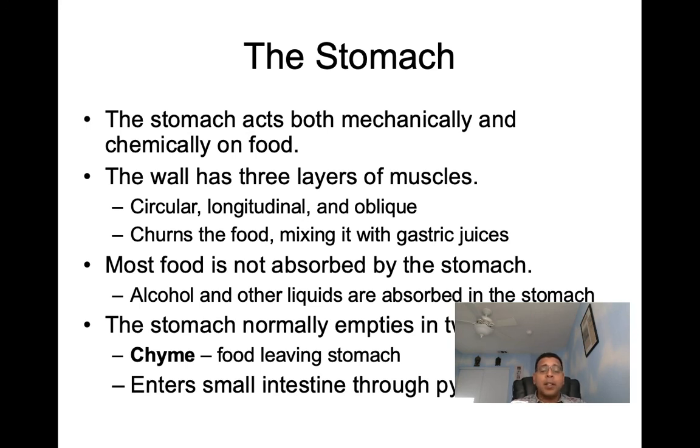The pyloric sphincter is going to act as a valve, and it's going to be found in between the stomach and the small intestine. It's going to continually open and close, permitting food to pass, again, from the stomach into the small intestine.